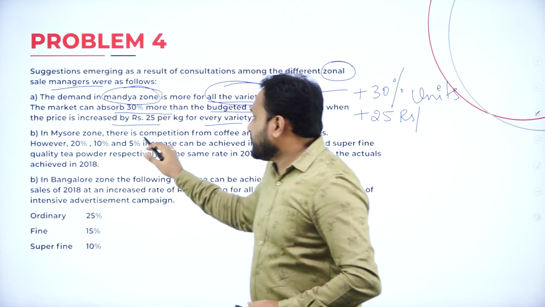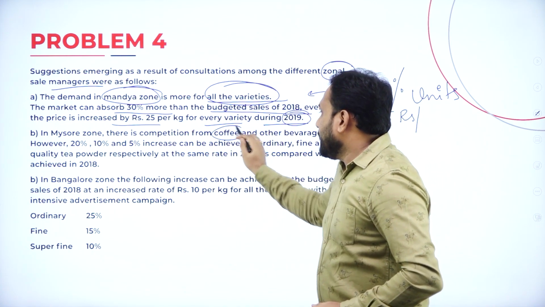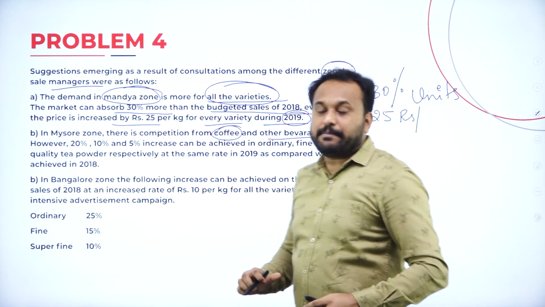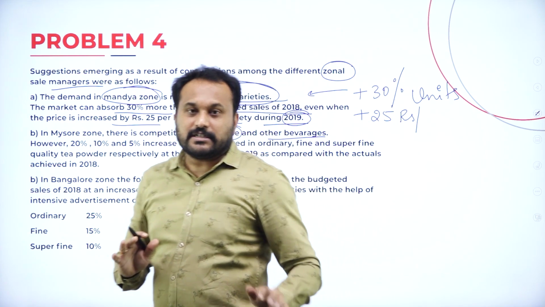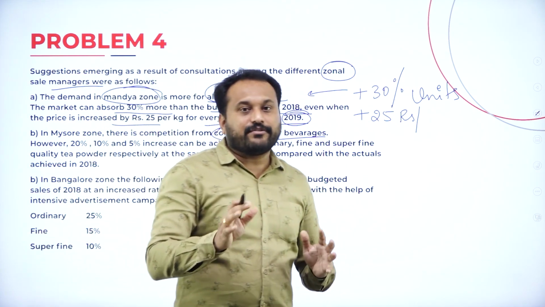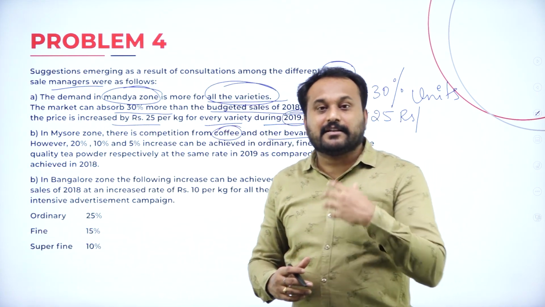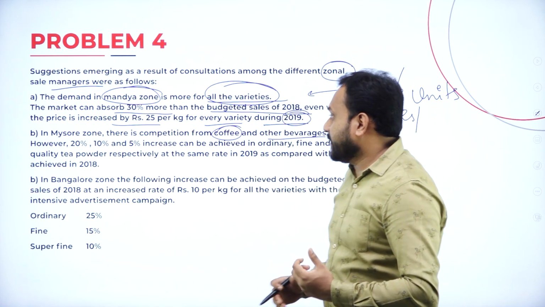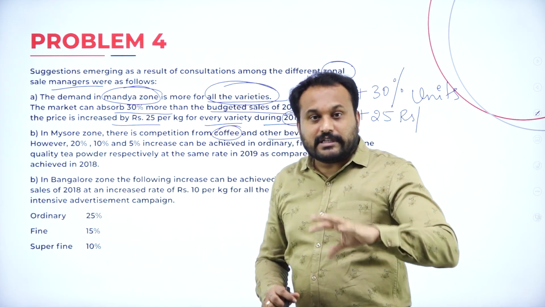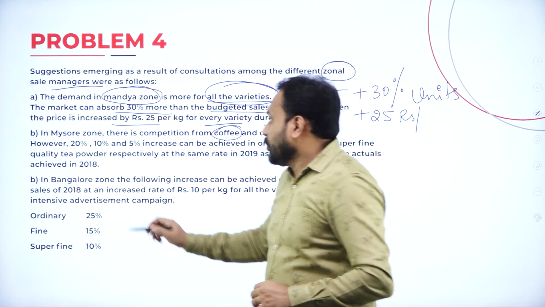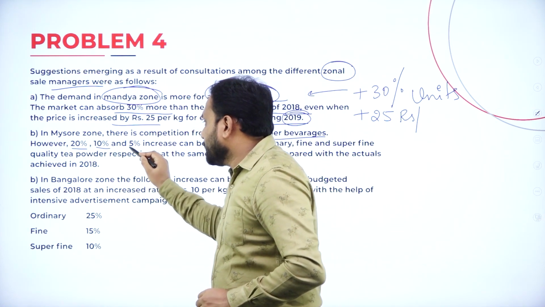In the Mysore zone, there is competition from coffee and other beverages. See, we are preparing for tea. You're not supposed to be afraid of coffee or beverages. Let's understand the pattern, what exactly they are telling us. However, though there is competition, 20%, 10%, 5%.